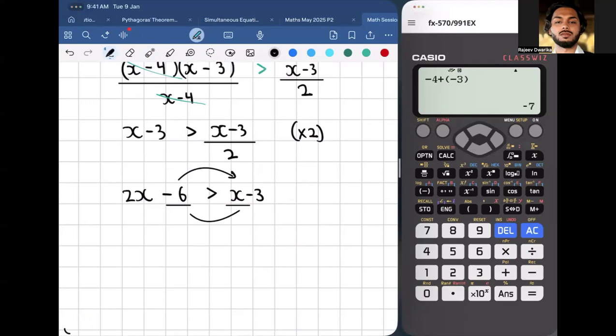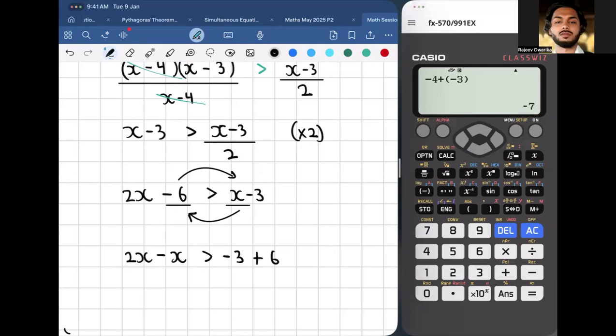Right. And tell me what you're going to have now in the next line. 2x subtract x is more than negative 6. Take your time. So I moved across the negative 6, so that negative 6 would now become what? Positive 6.